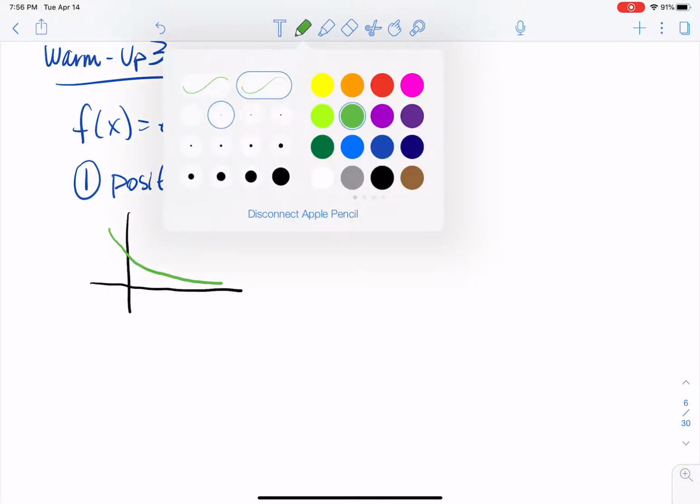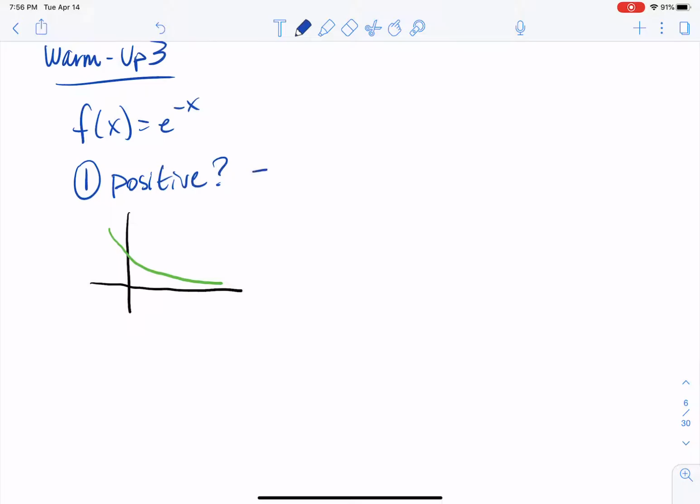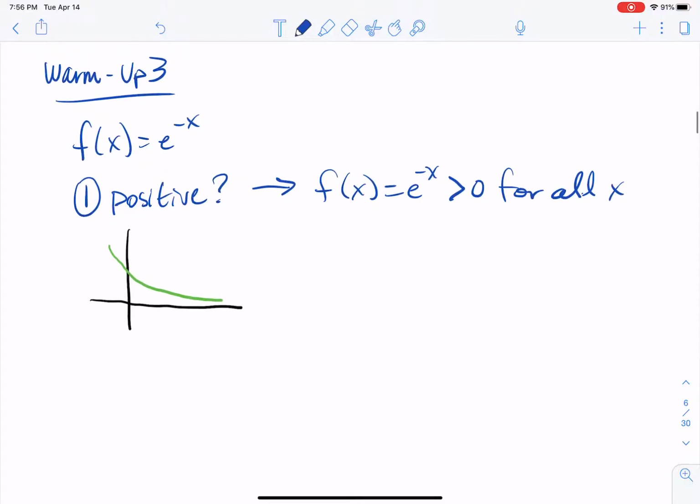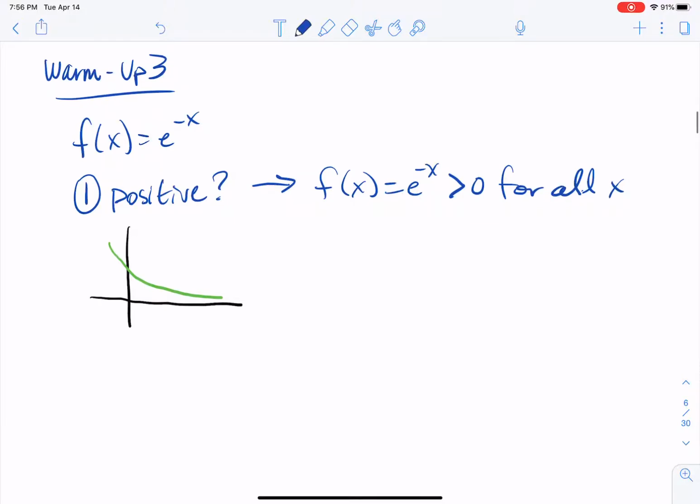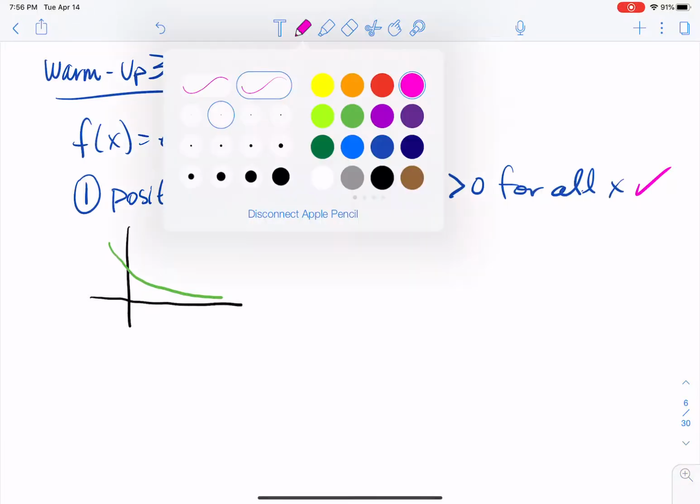So in this particular case, f of x equals e to the negative x is greater than 0 for all x. If it's greater than 0 everywhere, then definitely it's greater than 0 for x greater than or equal to 1. So our first condition has been met.